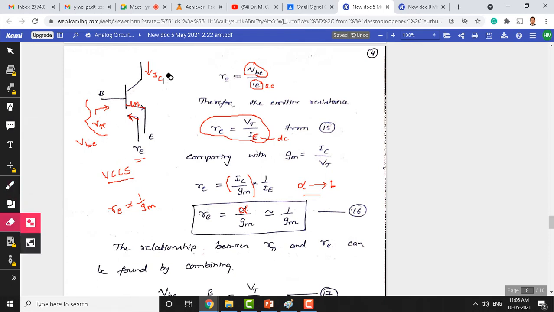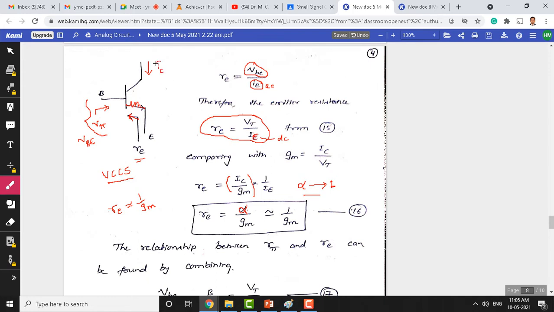Let me show this with total, even here also. All right, so here you can see that the total input voltage is VBE. This includes both AC and DC components, and here we have IC.